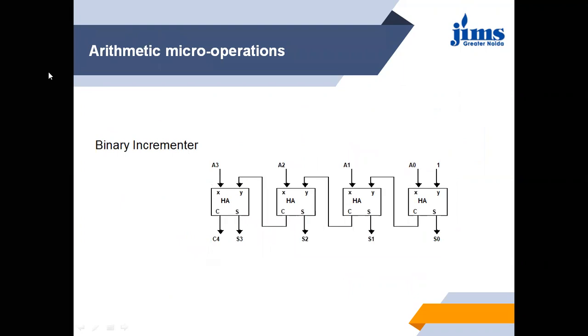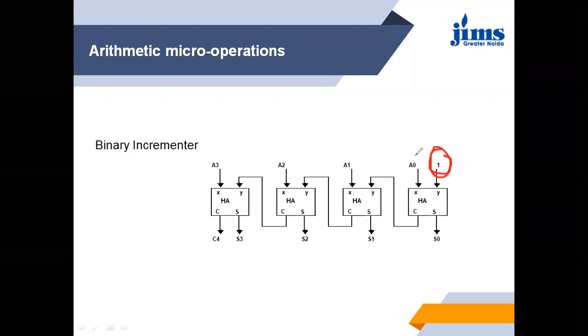Now this is a binary incrementer. This is the first time we are seeing what happens in a binary incrementer. This is the same as for the addition, but only in the initial first time we are adding 1.